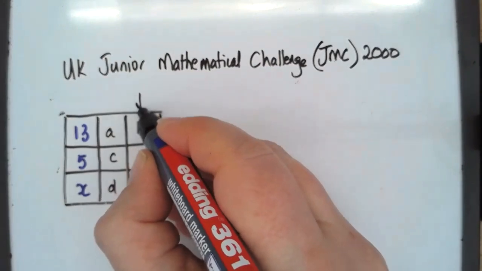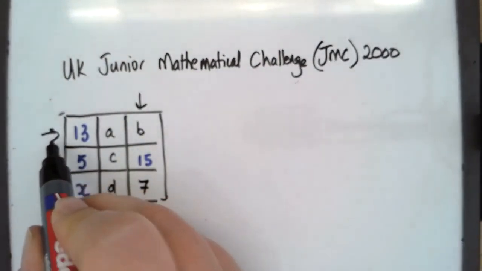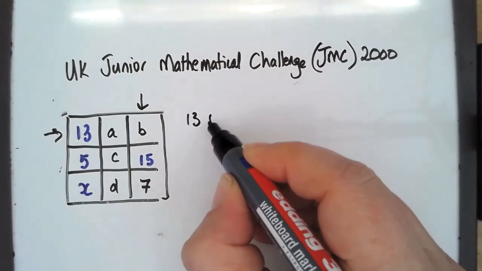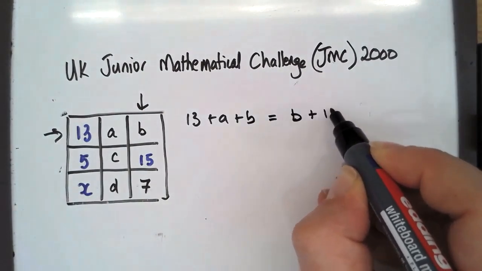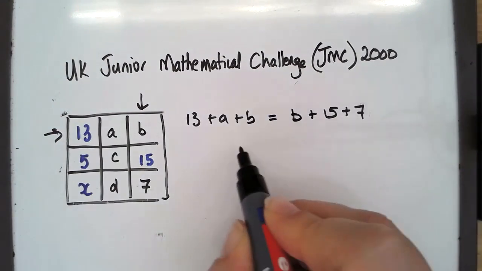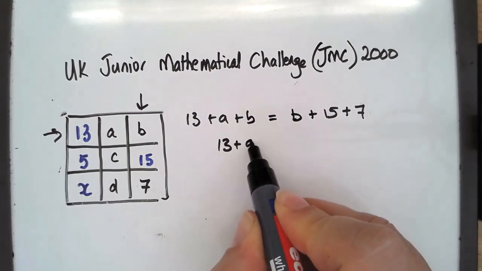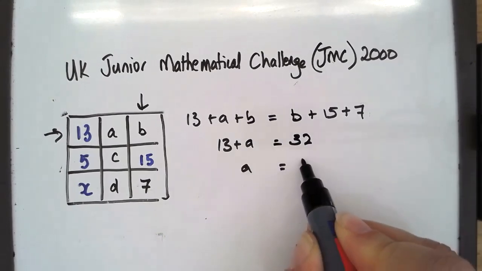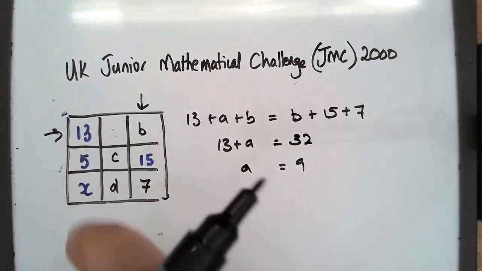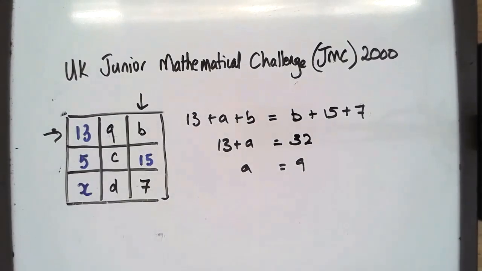Now, if we're looking at this column and this row, so A equals 9.